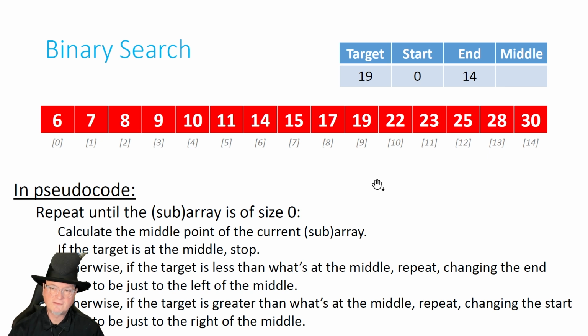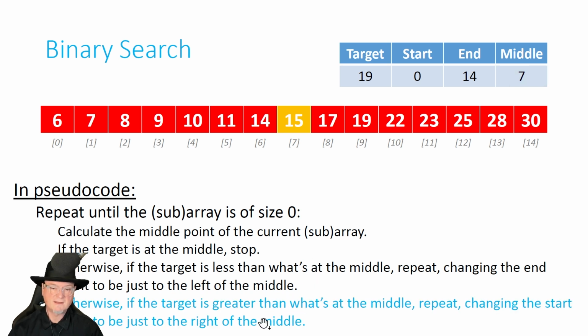That's the whole point of this operation. Our start is going to be 0, and our end is going to be 14. So the first go through, we're going to choose the whole array. We're going to find the middle point, which in these 15 values is the address 7, and the value at address 7 is 15.